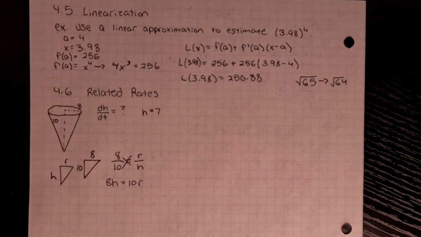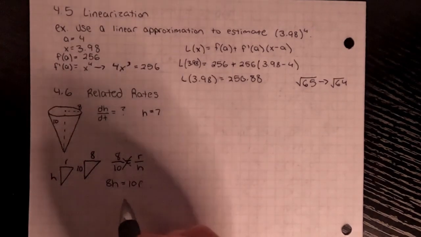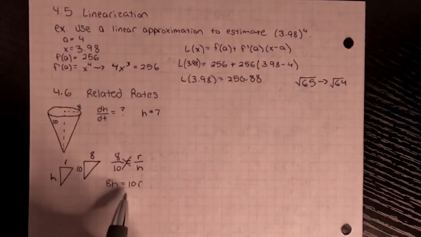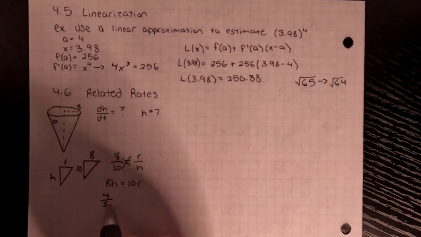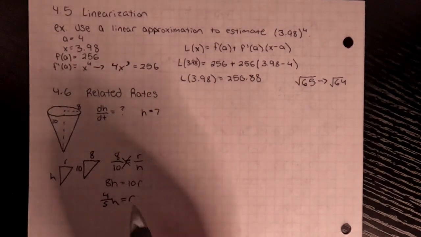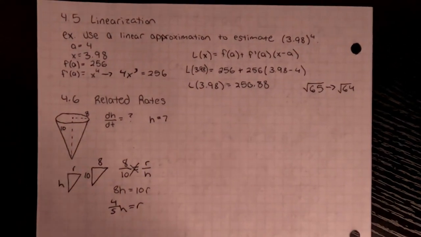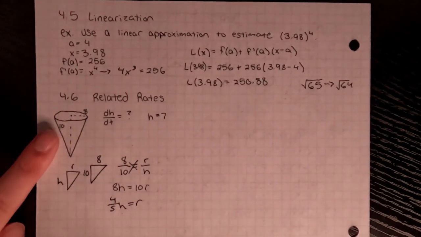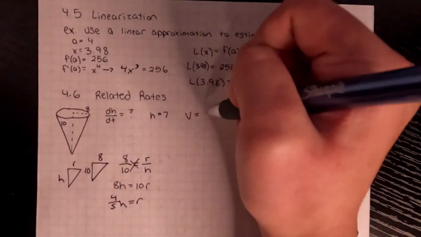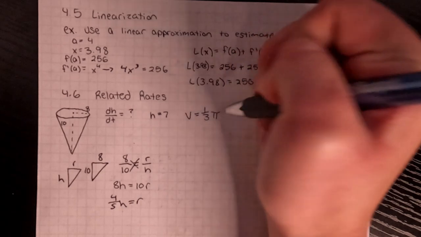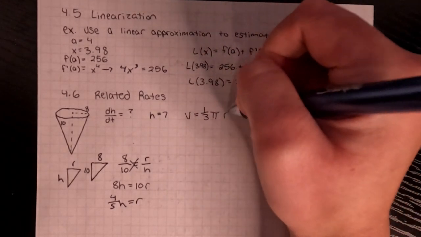And then we want to get that in terms of R. So we can do 10 divided by 8H to get 4/5 H equals R. I should also mention that the volume of our little tank here is this equation, 1/3 pi r squared h.